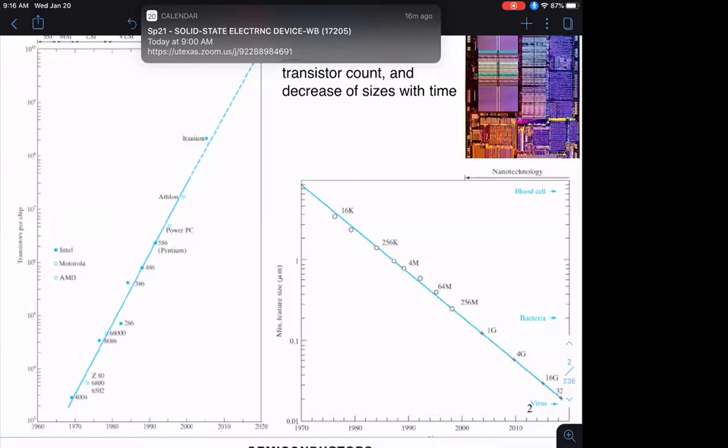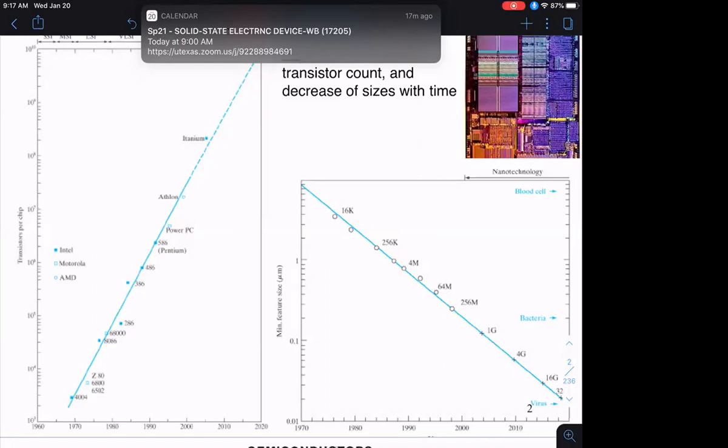After a few years, I think around 1970 or so, he said, let me plot the number of transistors on leading edge products as a function of time on a semi-log scale. So the vertical axis is not a linear scale, it's a logarithm of the number of transistors as a function of time. And he's picking the most advanced IC at that time.